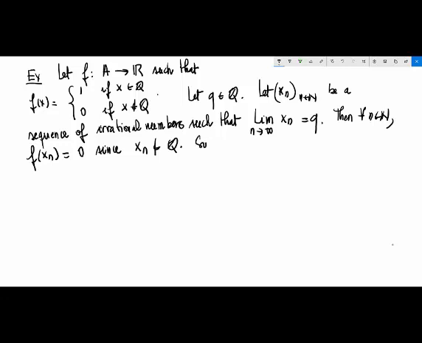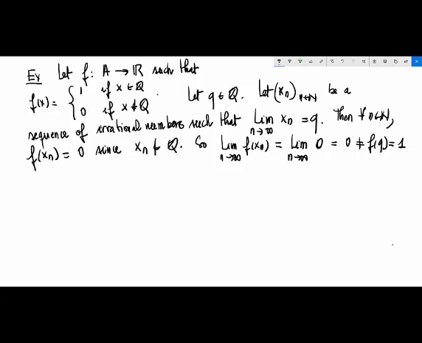So the limit of f of xn as n is approaching infinity is the limit of the constant sequence 0 as n is approaching infinity, and that will be 0, which is not f of q, since q is a rational number, which is 1. All right, so that means that this function is not continuous at the rationals.